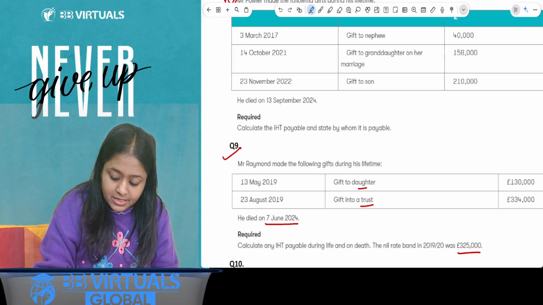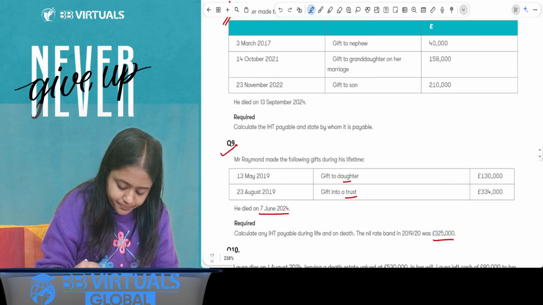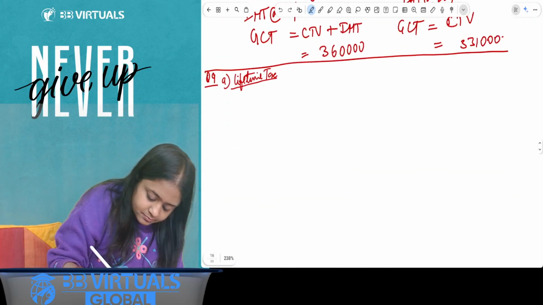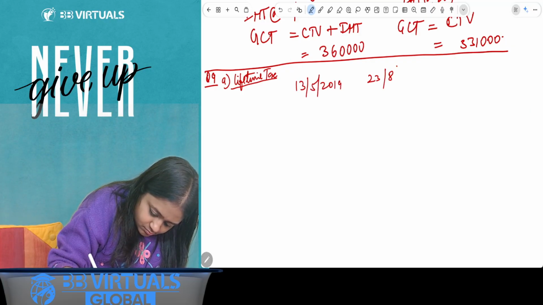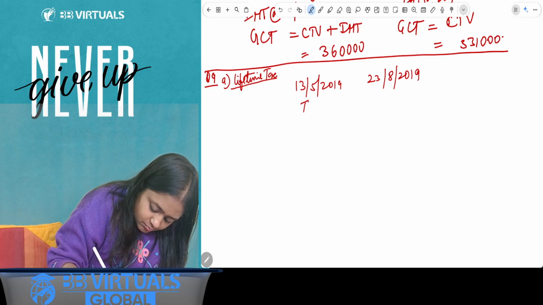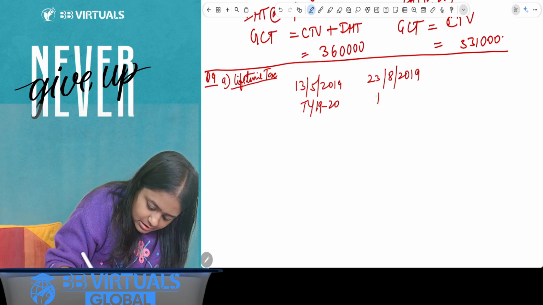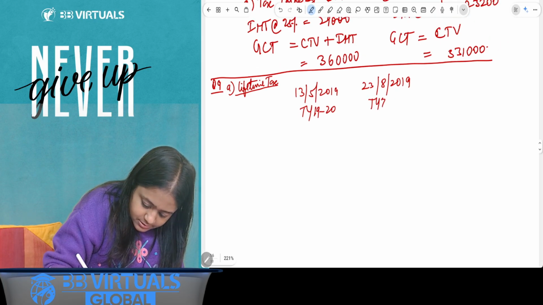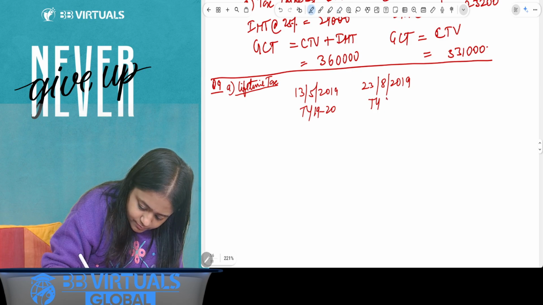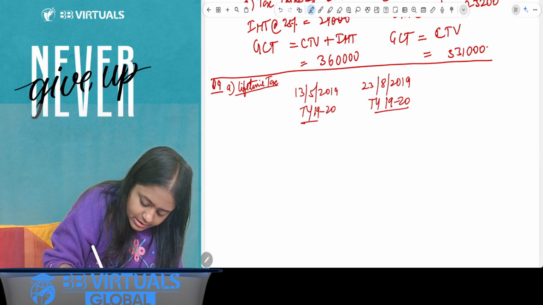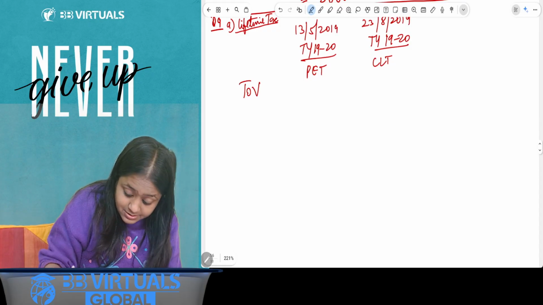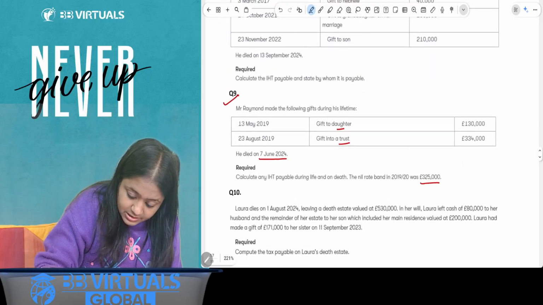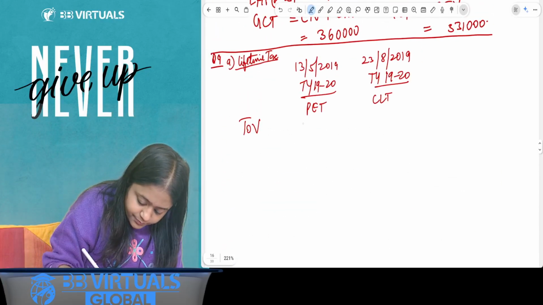PET and CLT in values 130 and 334. This is also tax year 1920. Okay, and this is a PET transfer and this is a CLT transfer, right? TOV, transfer of value here, is 1 lakh 30 and 3 lakh 34,000.